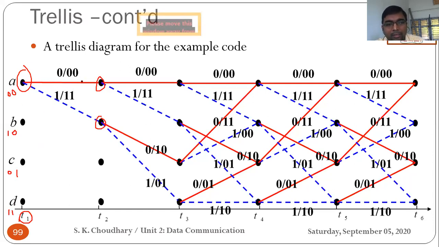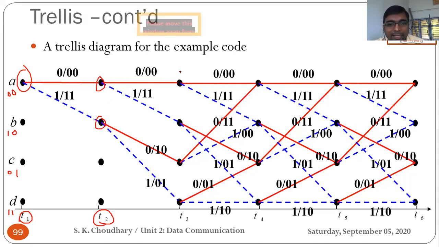That is A to A and A to B. But when you enter the second time instant, as we have 2 possible states, obviously each state will be responsible for generating the 2 next states. So here also A generates the same next 2 states with the same outputs, because it is a common pattern always. But from B you can see the other 2 states are generated, that is C and D.